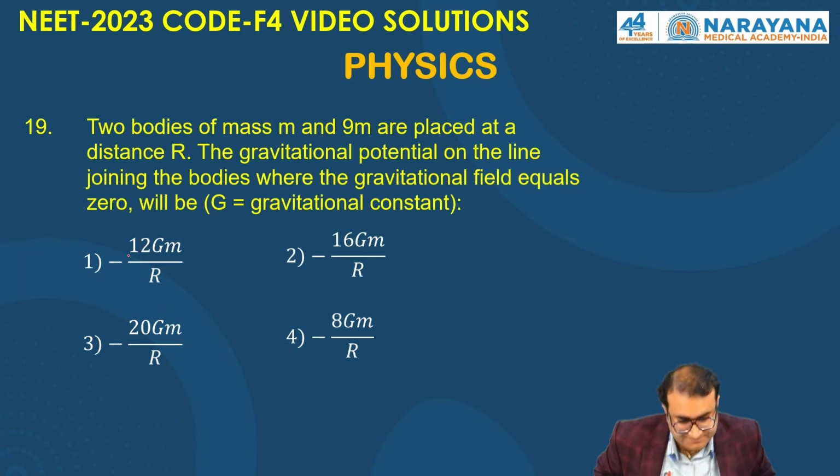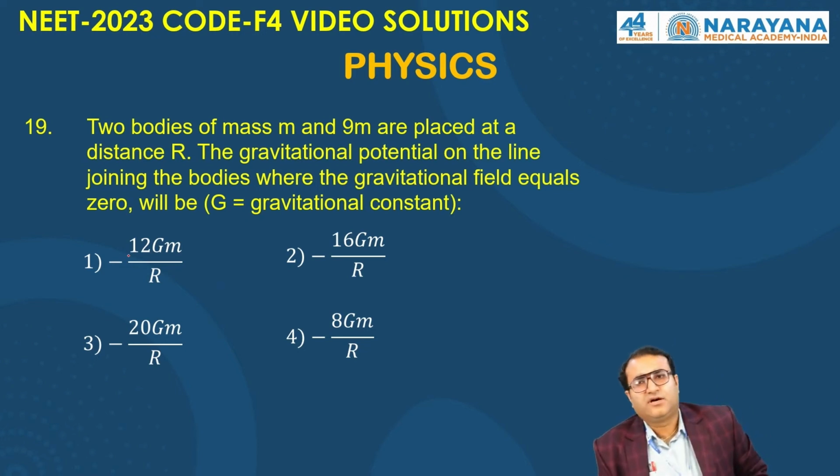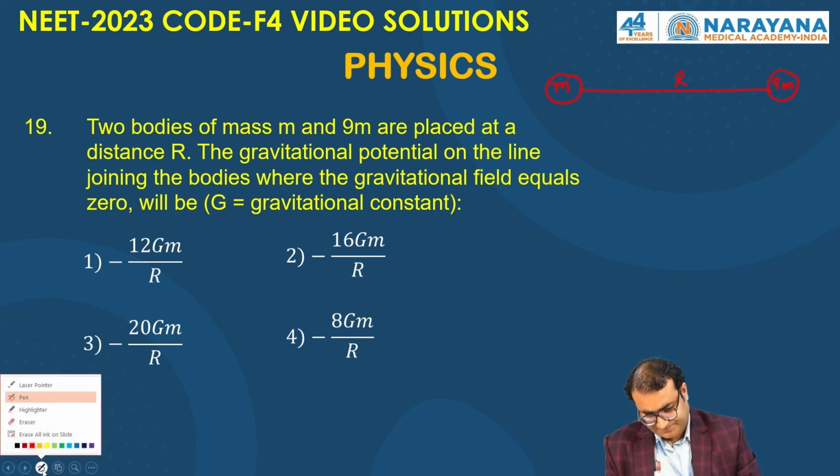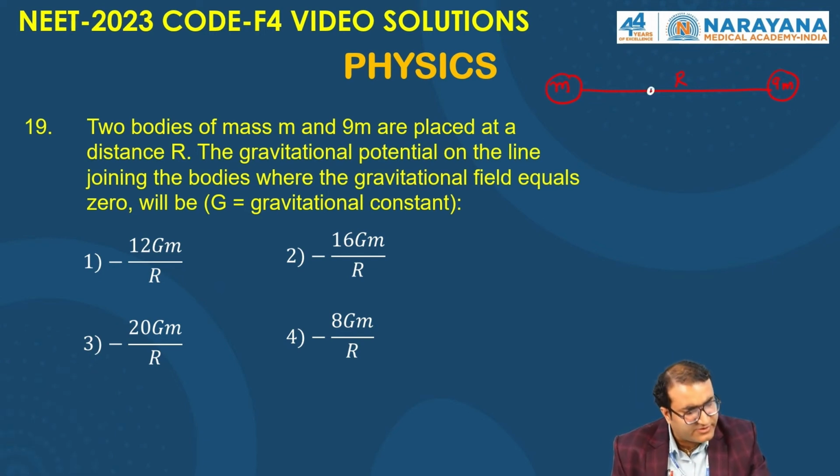Question number 19. Little calculative. Two bodies of mass m and 9m are placed at a distance r. The gravitational potential energy on the line joining both the bodies where the gravitational field equals 0 will be? First of all, you have to locate the point where the field is 0. One is mass m, one is mass 9m, both at a distance of r. I'll consider a point.